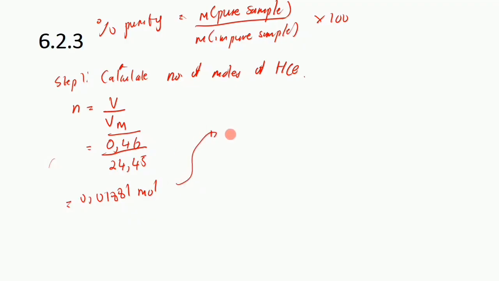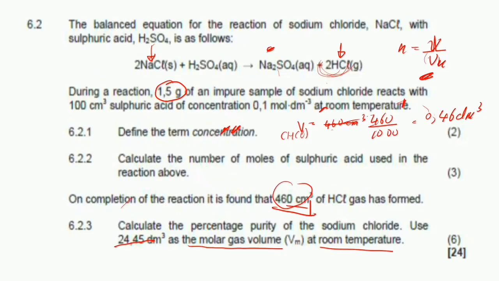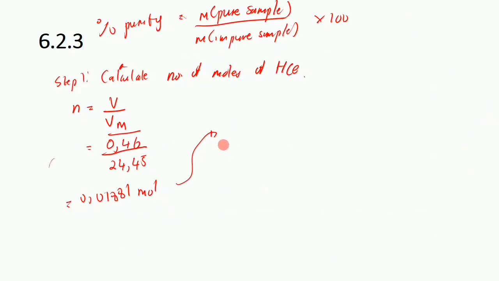And then now that we have the number of moles, what can we do? Let's compare the ratio of sodium chloride to the ratio of hydrochloric acid, right? So we find that the ratio there, according to our coefficients, is 2:2.